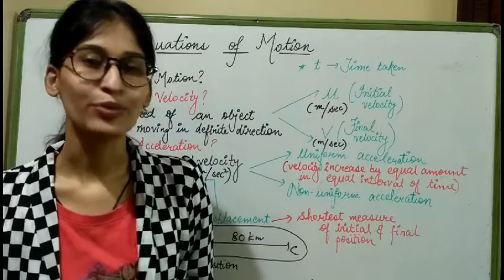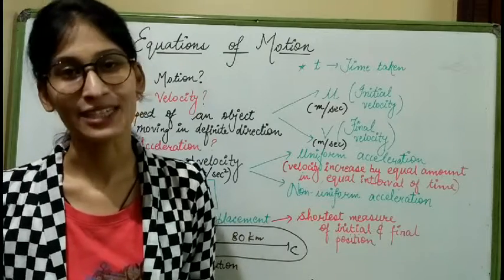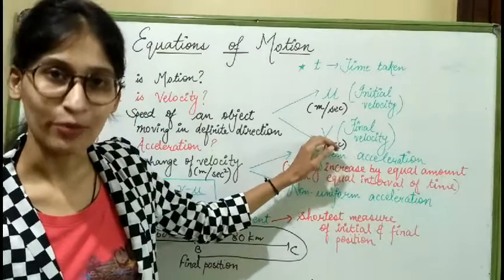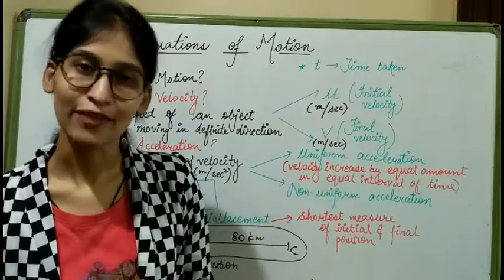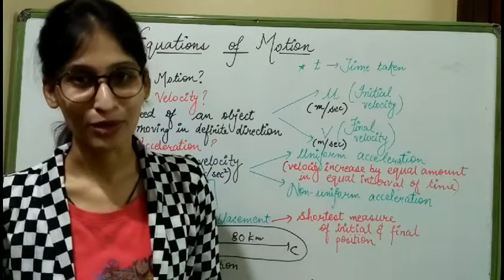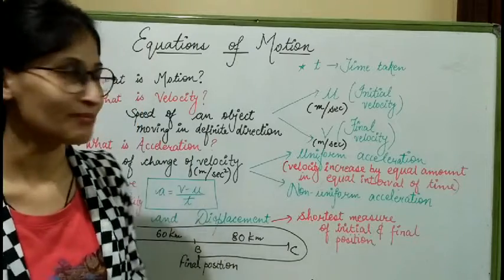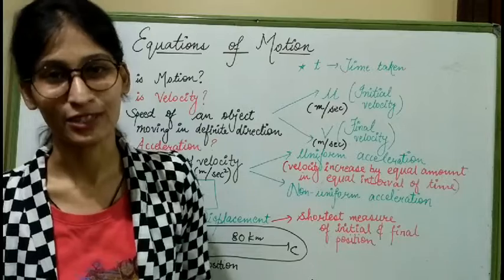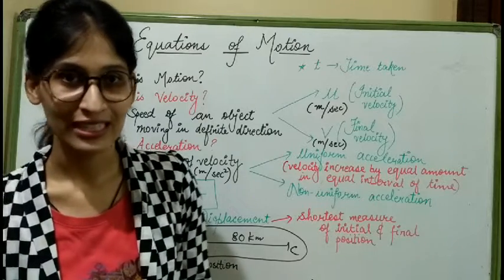By the time it reaches the ground, it has gained a certain velocity. v is used to denote that final velocity that we obtained at the end of the motion. Next term is t. t is used to denote the time taken for our motion.